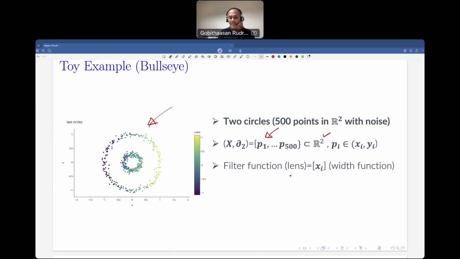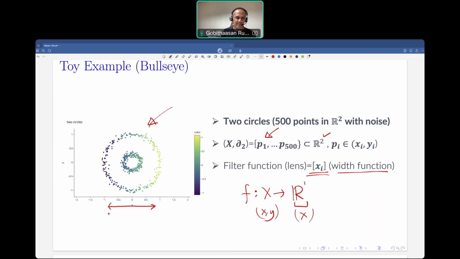So I'm going to take the first filter function as the X value. As you can see, from left to right it has been color coded based on the X value. So we're going to use this X value as our filter function, which takes X in R. Originally it was X and Y. This is the so-called width function, because it is considering from left to right.